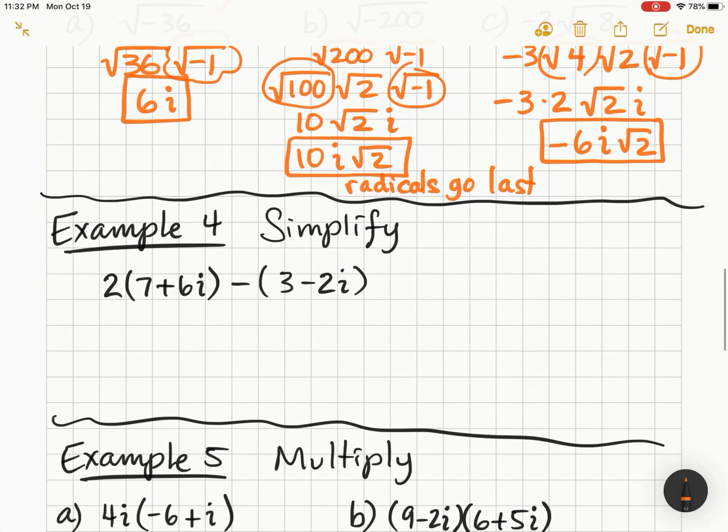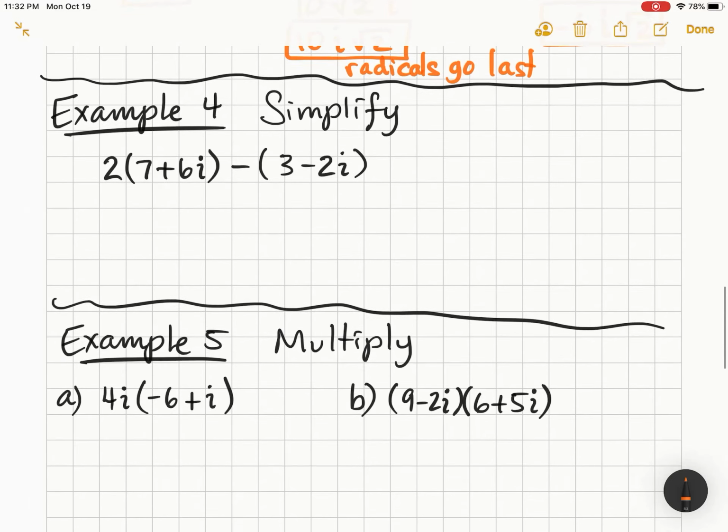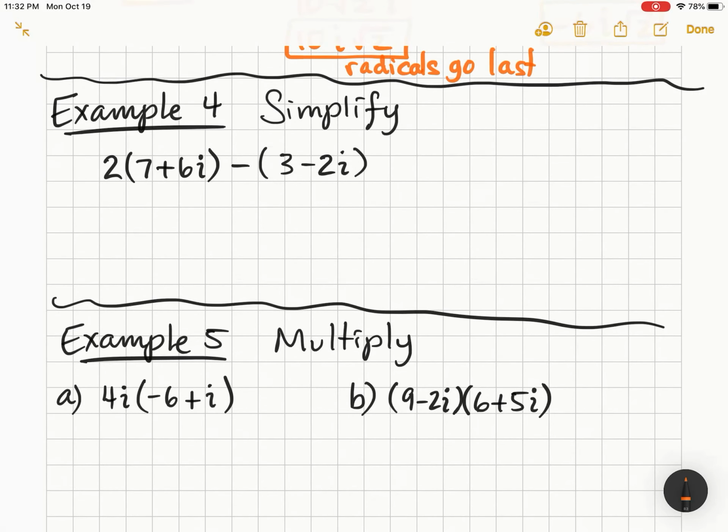Alrighty, let's kick it up a little bit. Although i is not a variable, it sometimes behaves like one. So I'm going to distribute the 2, and I get 14 plus 12i. Now I need to distribute the negative sign. Negative, negative is positive.